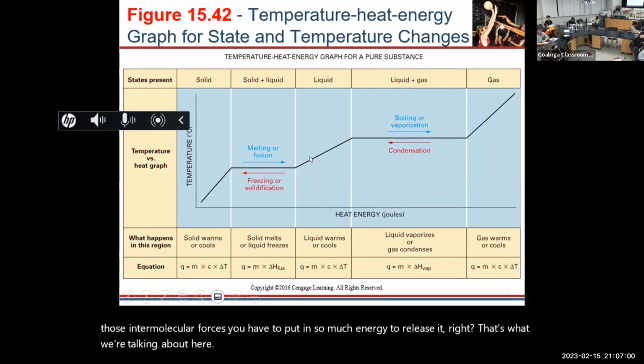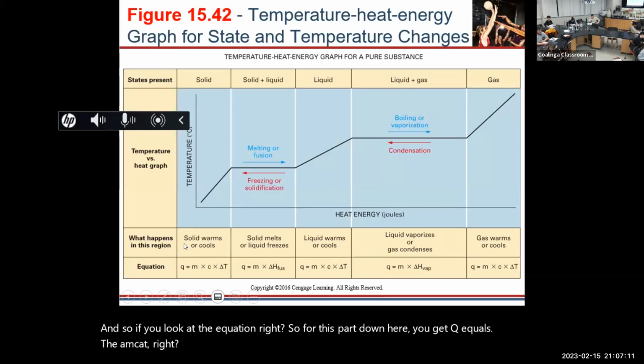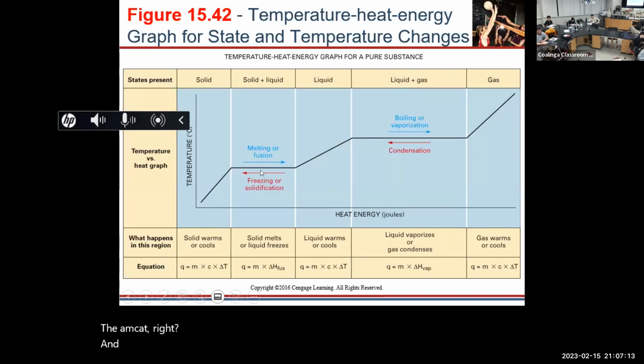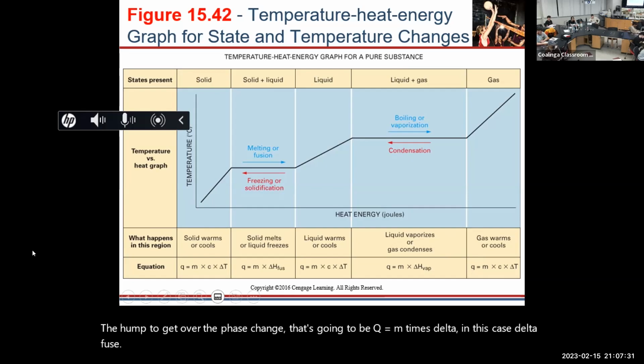And if you look at the equation, for this part down here, you get Q equals m c delta T. Then when you go through a phase change, the hump to get over the phase change, that's going to be Q equals m times delta H fusion.